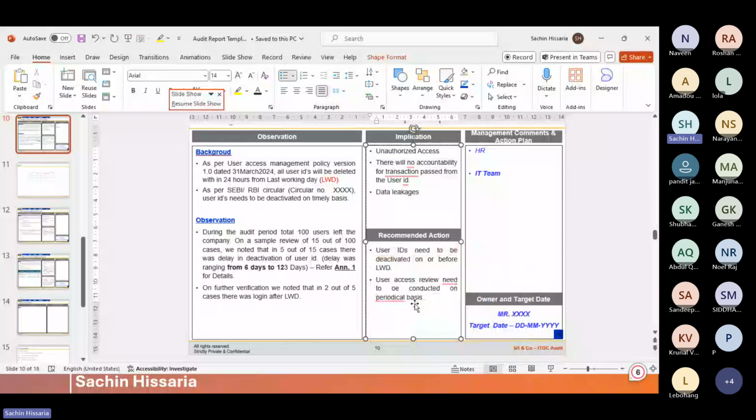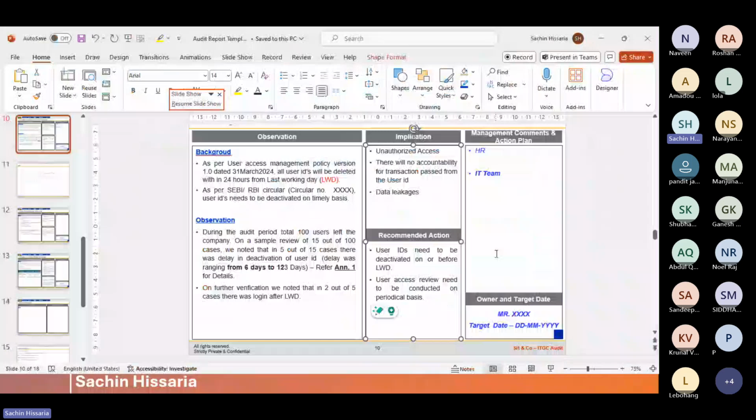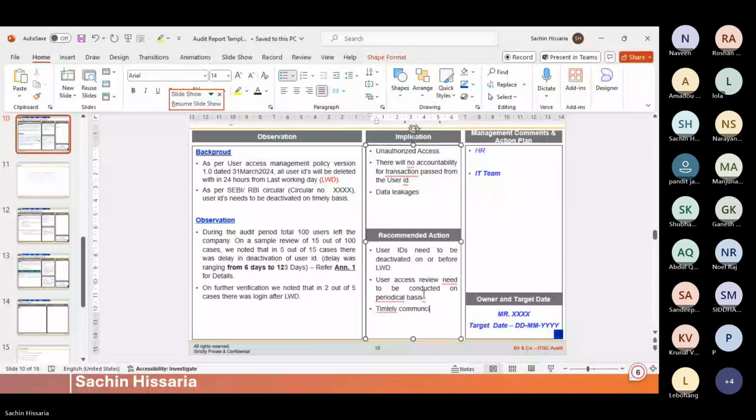Correct, guys? And suppose you have noted that this was a delay from the HR side, you can also write that timely communication needs to be done by the HR team. Likewise, we can write a recommendation: timely communication should be done by the HR team in case an employee leaves the company.